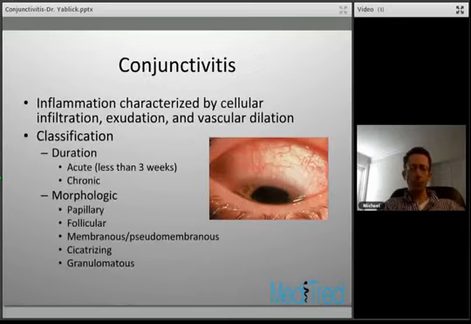So conjunctivitis in its most basic terms is an inflammation of the conjunctiva, which is characterized by a cellular infiltration, exudation, and vascular dilation of the conjunctiva. And there are two different ways you can classify it. One is actually based on its duration and sort of onset and symptoms.